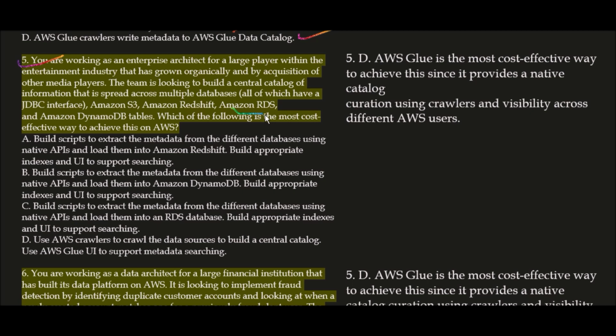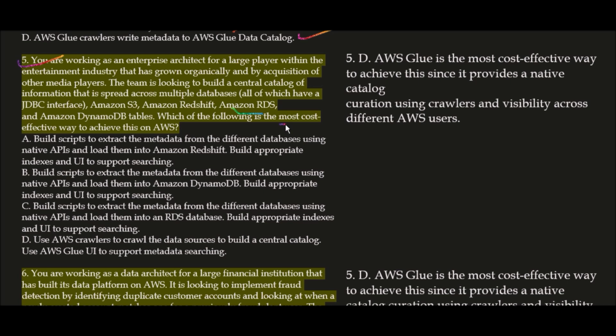Which of the following is the most cost-effective way to achieve this on AWS? Option A. Build a script to extract the metadata from the different databases using native APIs and load them into Amazon Redshift.